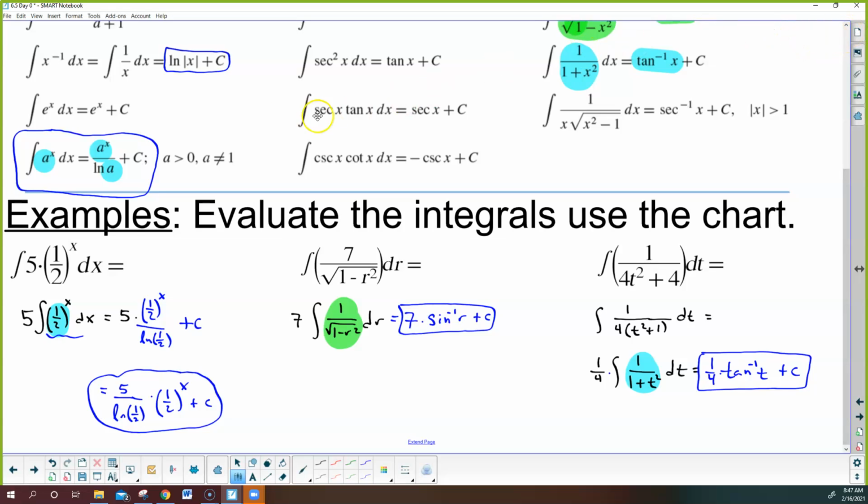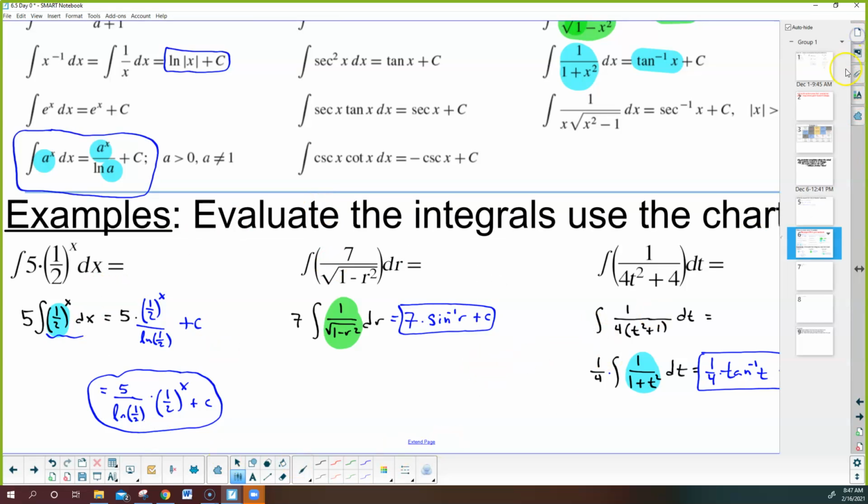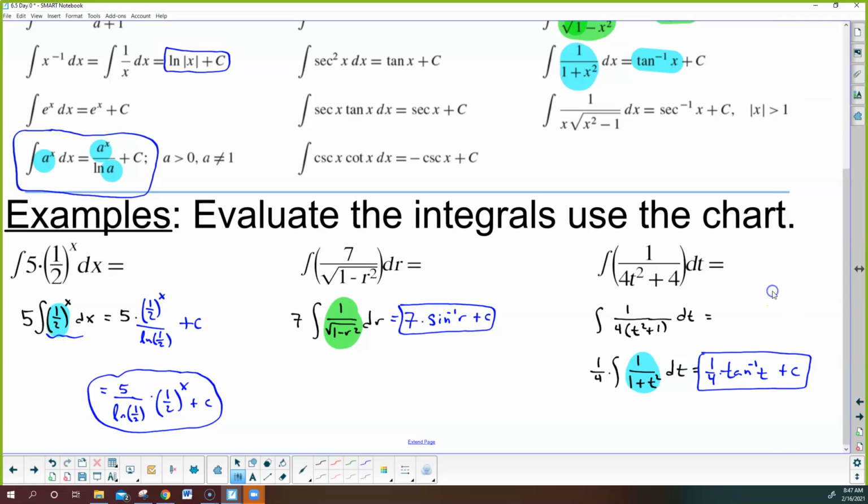But we technically alluded to this already, so there's nothing new that we've learned here. What I'm getting at, though, is what if we have these skills, and now all of a sudden it's a little more challenging than just the fact that my antiderivative is not in this chart? What if the chart is more than just a common number factored out, and then we just look exactly what's in the chart? And that's what this new unit is all about.